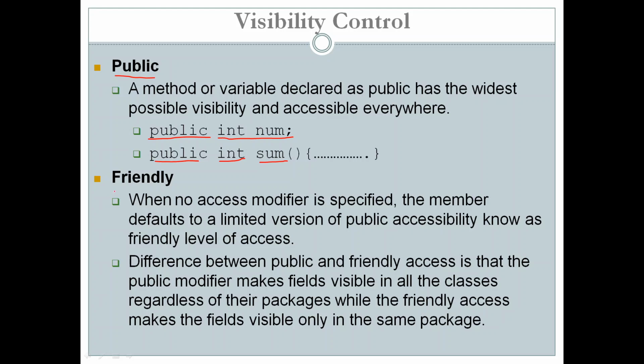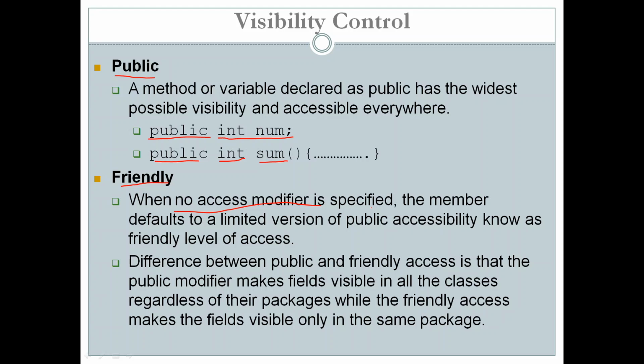Then we have one more type of access, which is called friendly access. You can say this is a limited version of public access. When no access modifier is specified, by default it is friendly. Whenever we do not use any access modifier, by default it is friendly.